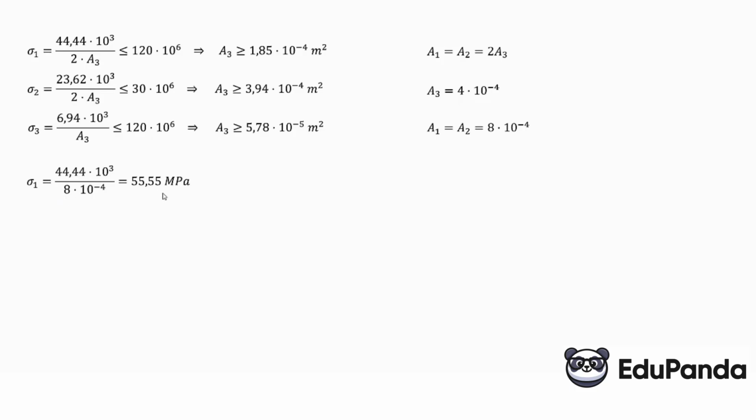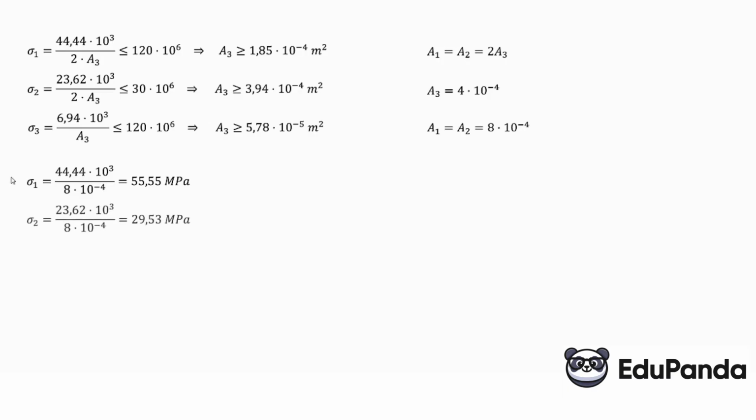And the result is 55.55 megapascals. The data input into the calculator gives us the result in pascals, which has a lot of digits. To convert this to megapascals, you need to multiply by 10 to the power of minus 6.